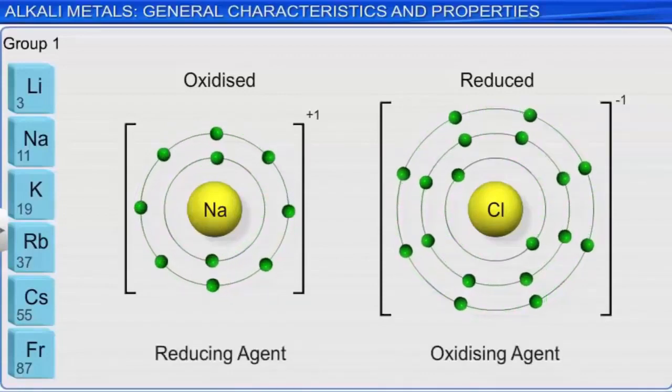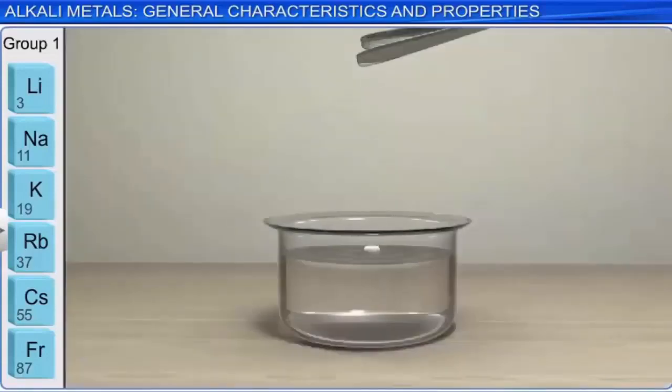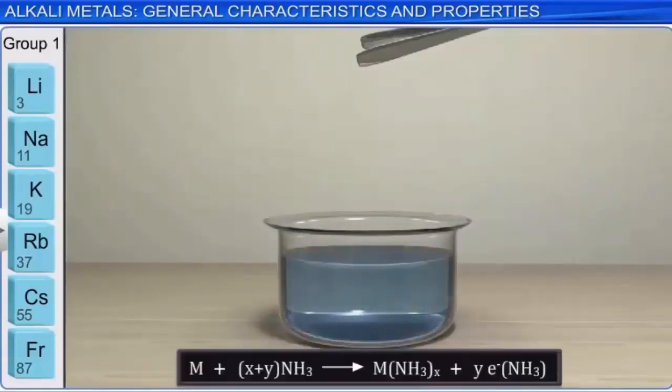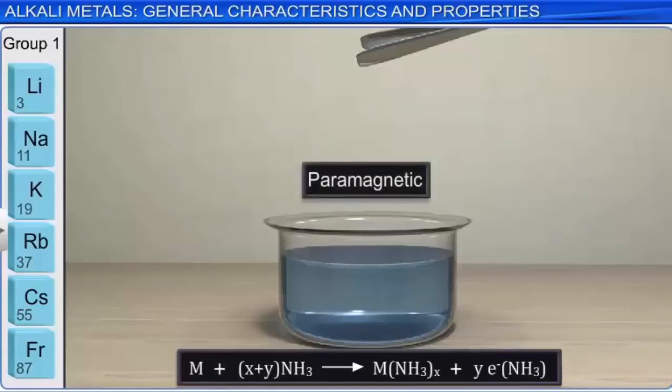Why does this happen in ammonia? Because the atoms of the alkali metal readily lose their valence electron in ammonia solution and form a cation and an electron, that is, ammoniated cations and ammoniated electrons are found.